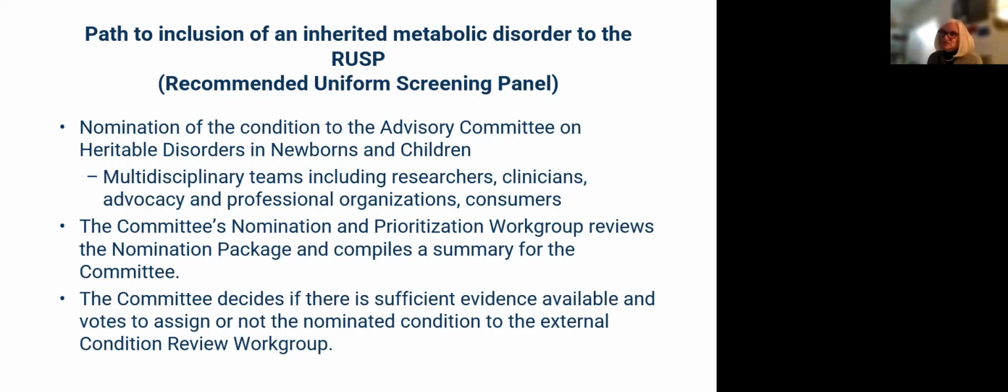The first time we nominated GAMT deficiency, we didn't have a prospective identification of an infant with GAMT deficiency, and that's why GAMT deficiency did not proceed to the next phase.